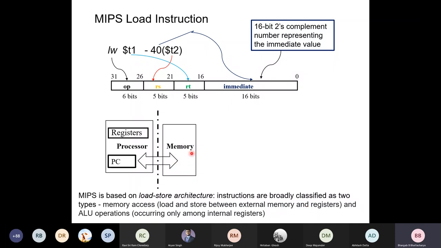So you load the data from memory to a register here. Similarly, for a store operation, you store the content of some register back to some memory location. So those are load and store. And ALU operations like addition, subtraction, or logical operations involve only internal registers. For ALU operation, you don't have to access memory.